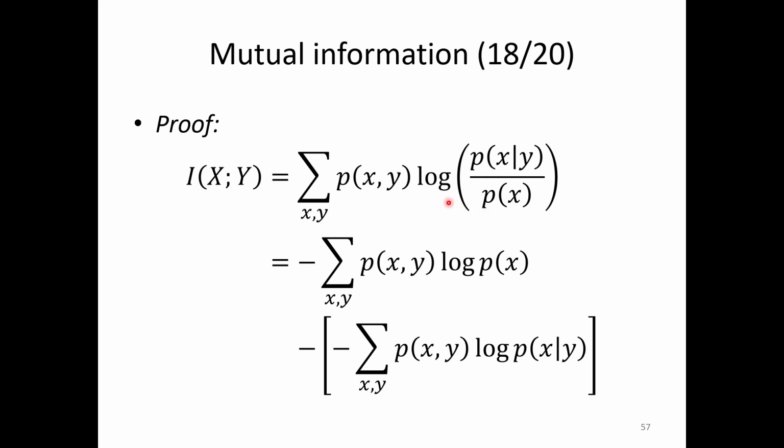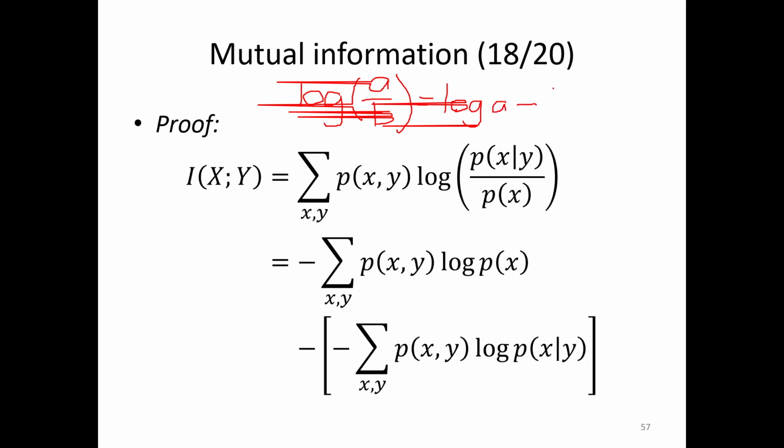According to a property of log, let me write here: log of a over b is equal to log a minus log b. Like this.